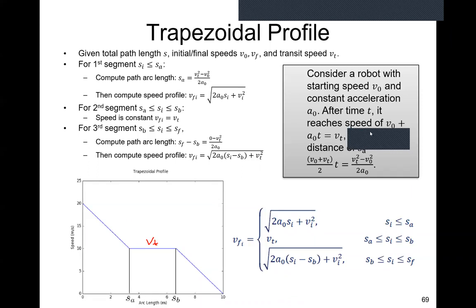To help you understand this equation, consider a robot with starting speed v0 and constant acceleration a0. After time t, it reaches a speed of v0 plus a0t and traverses a distance of time t times the average speed, which is (v0 plus vt) divided by 2. Then if you plug in the t from this equation, you get this equation. So that's where this comes from.